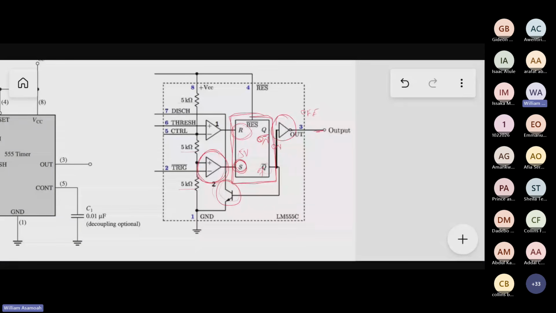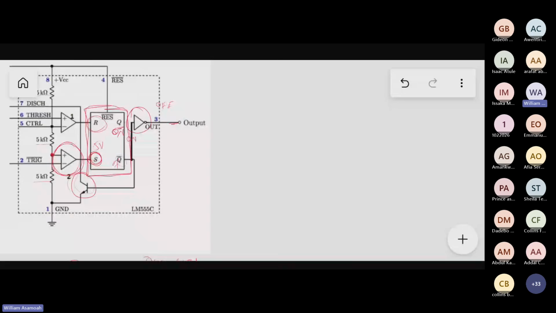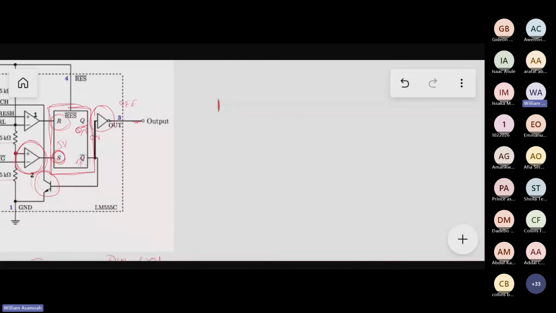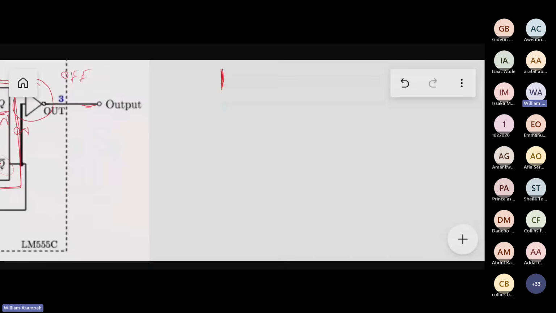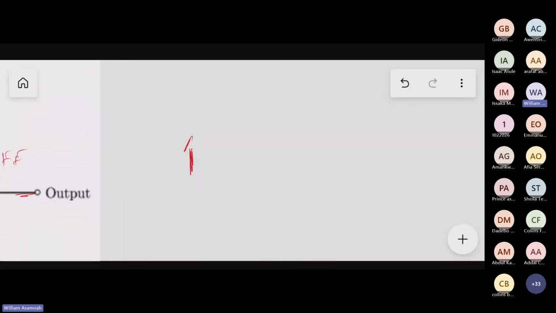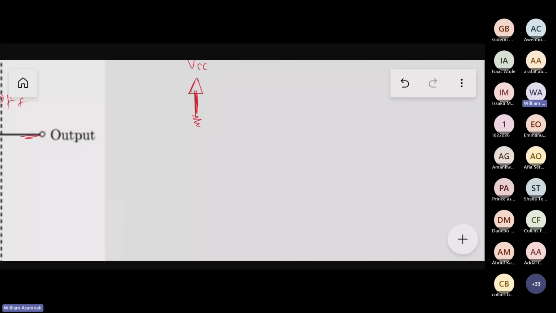So there are two comparators. We connected half there. So we have a voltage divider here, and this voltage divider looks like this. We have the supply voltage here. Then we have a resistor, another resistor, and another resistor.